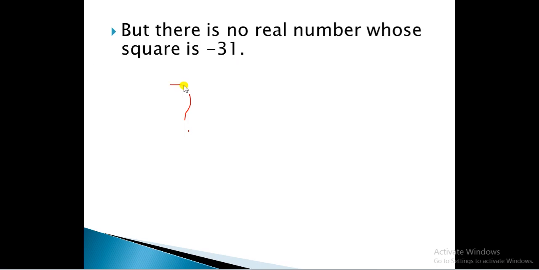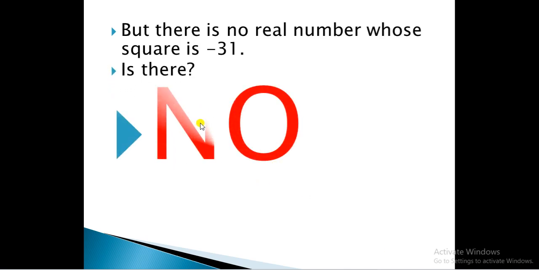Means, is there any real number, I am supposing, whose square, when we square this number, you get minus 31? Is there any real number or what? Think over this number whose square is minus 31. No. So there is no such real number. The answer will be no. So no real number is there whose square is minus 31. Let us take one more example, or let us first of all see what happens here.